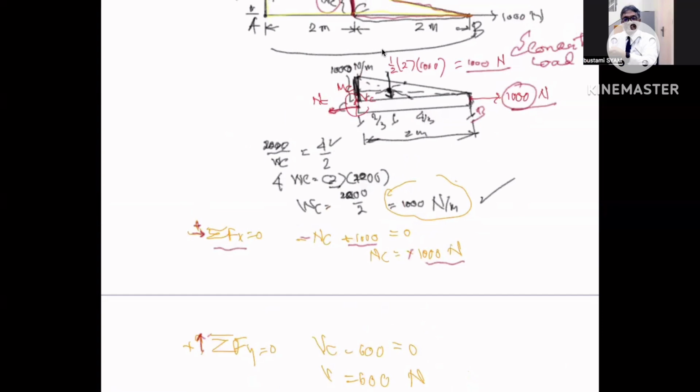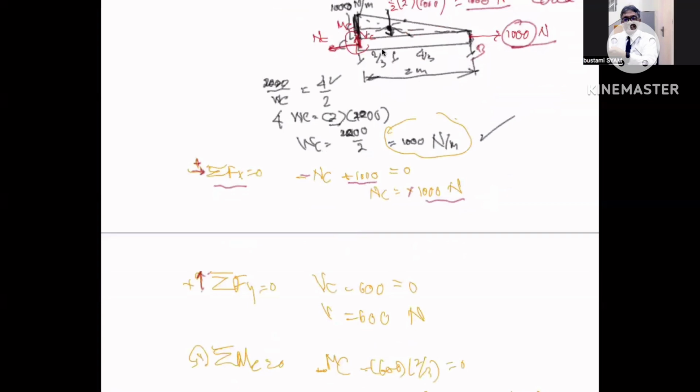Right here we have, when we cut this one, VC, right? So VC, because the plus y direction is plus right here.